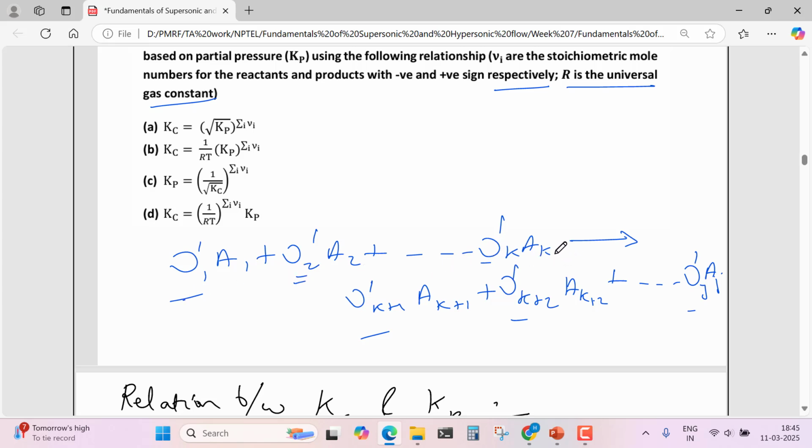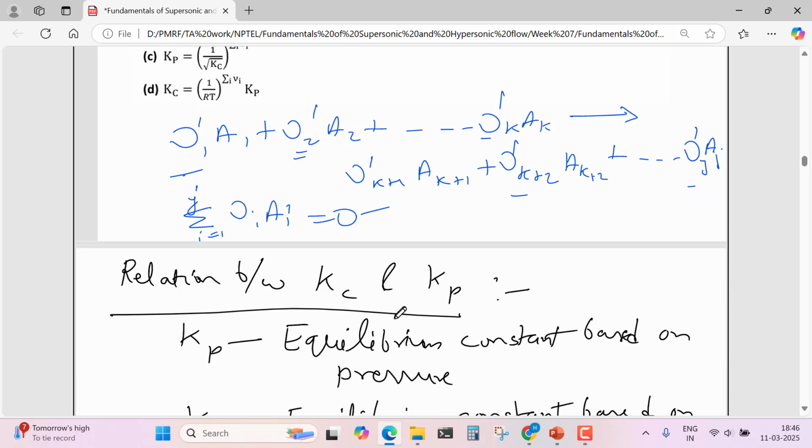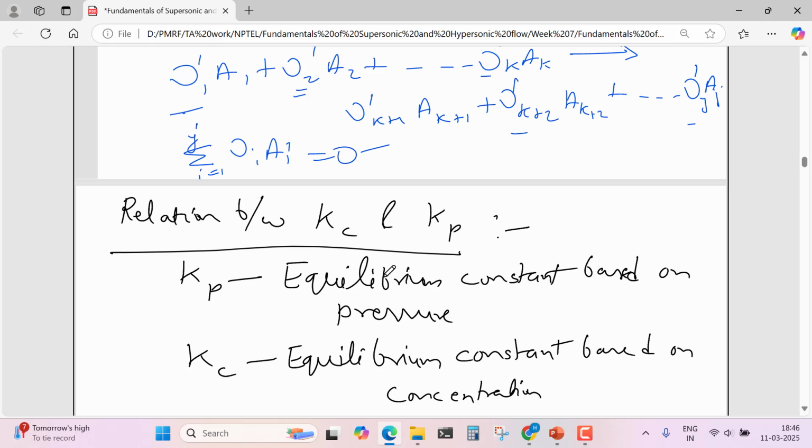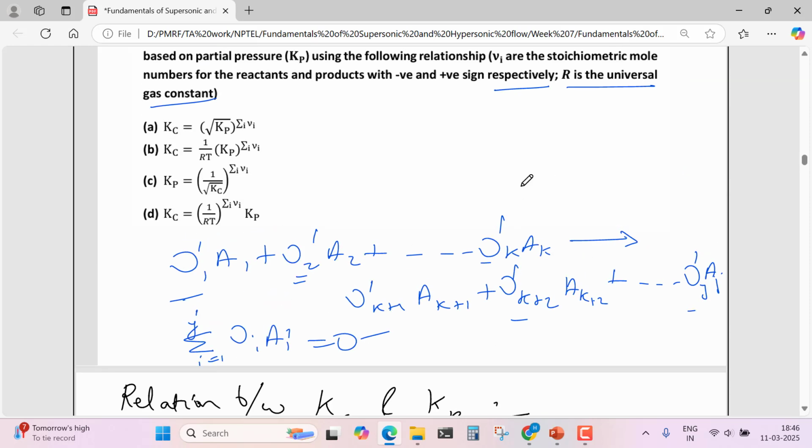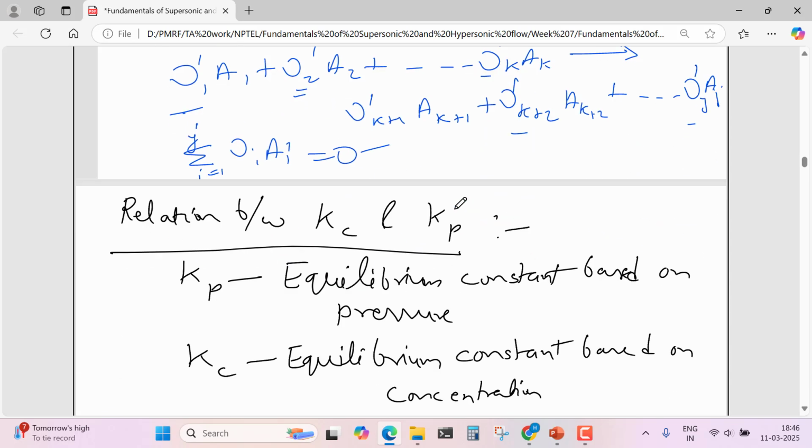So we can write this whole equation as sigma mu i, i equal to 1 to j, equal to 0. Here this mu i can take positive and negative values both. So these are the stoichiometric mole numbers. Now we will see what the relation between Kc and Kp is. If you know the relation directly, this answer is very straightforward. But here we will derive that relation.